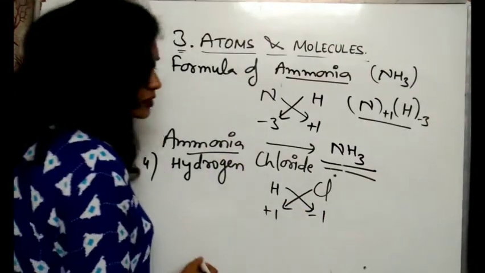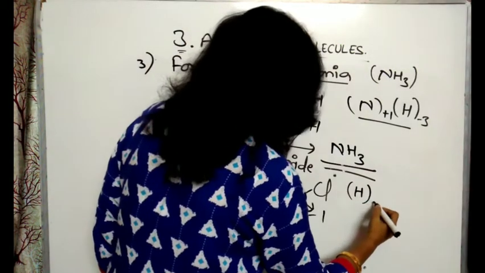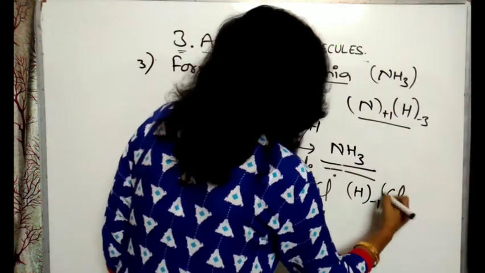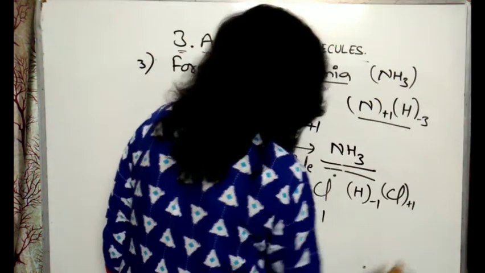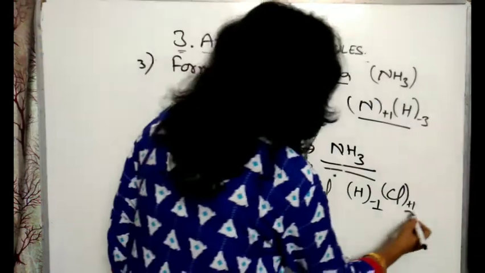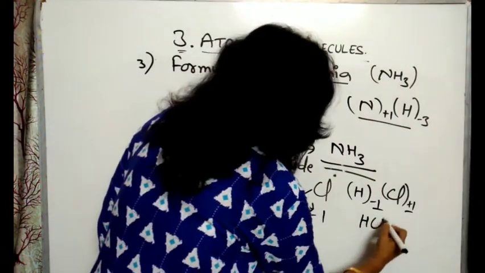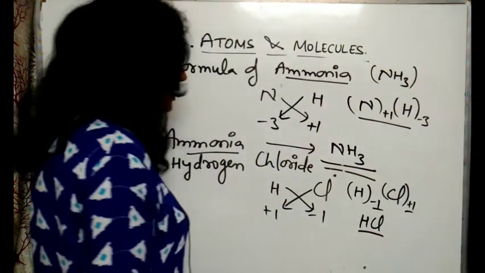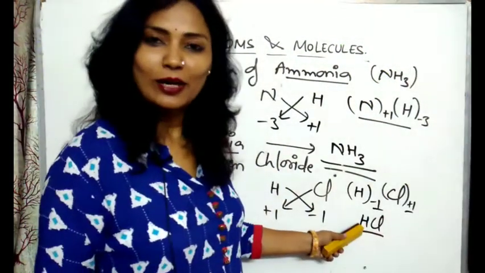What will we do? Cross over the valency. You will cross it and write the valency after the bracket, +1. Now ignore the 1 if it is there, remove the brackets and write HCl. So HCl is the formula of hydrogen chloride.